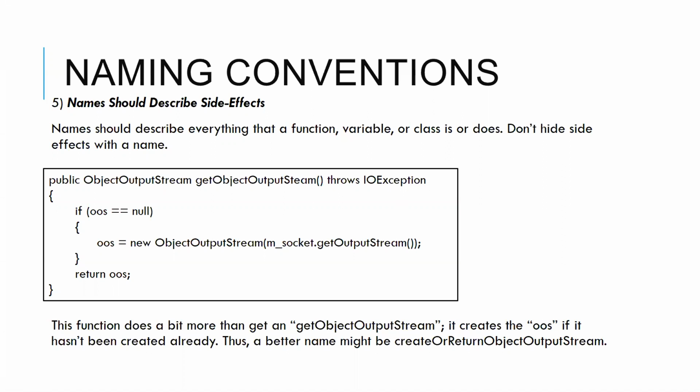The name given to this function, get object output stream, does not convey to us that there is an inside check which creates a new instance if the variable is not assigned any value. So a better name for this function would be create or return object output stream instead of get object output stream, because create or return object output stream clearly defines the side effects that the function has.